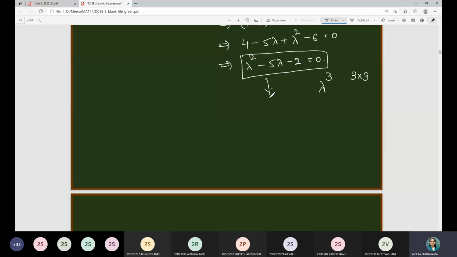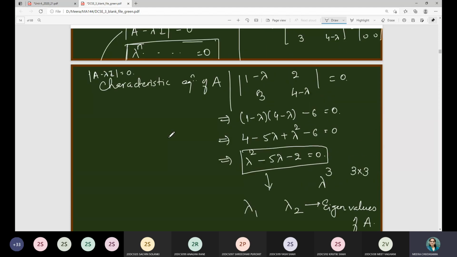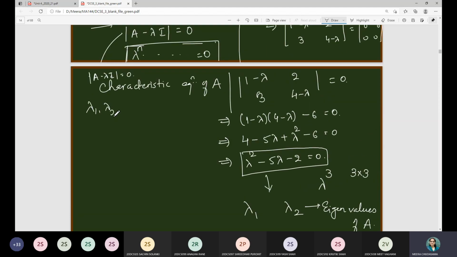When you solve it, you will have roots of that equation. In this case, there will be 2 roots. Suppose I say these roots are lambda 1 and lambda 2. Then these roots are called eigenvalues of A. In general, in this case, it will be lambda 1, lambda 2 up to lambda n.